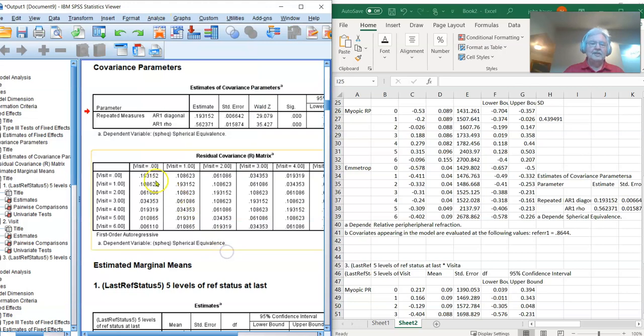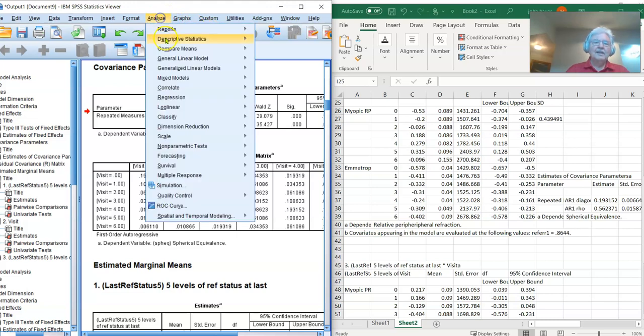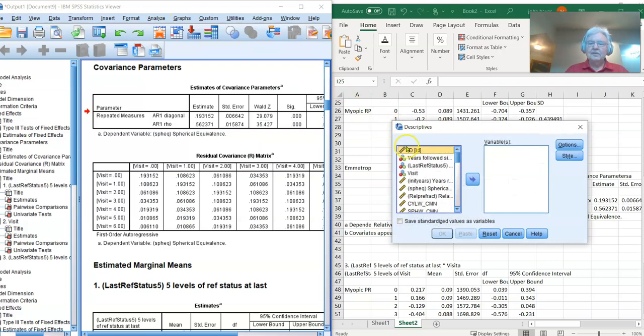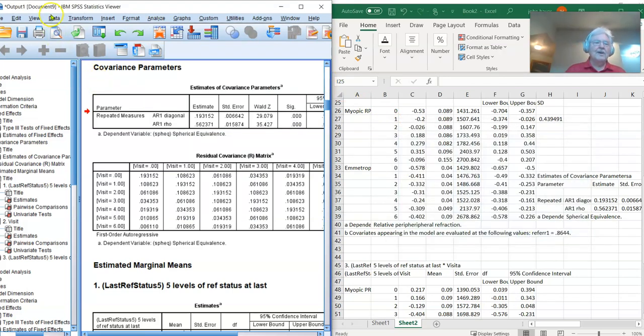I wish we could just use degrees of freedom, but it doesn't work out that way. Analyze, descriptives. Oops, before we do that, we have to split the file.